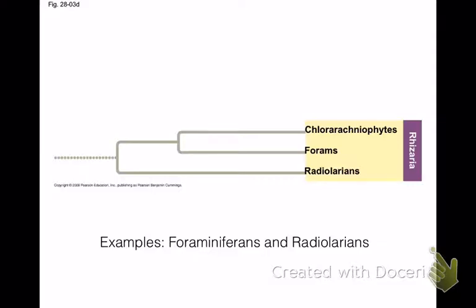The next supergroup are the rhizarians. So the two rhizarian groups that we looked at are the foraminiferans and the radiolarians.